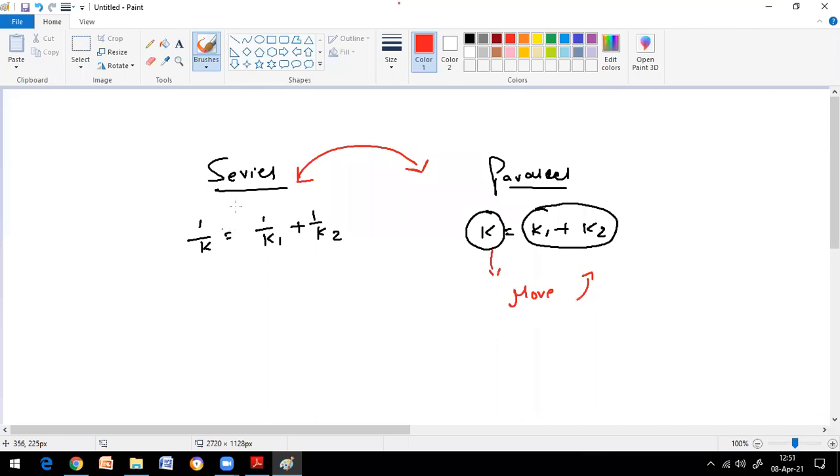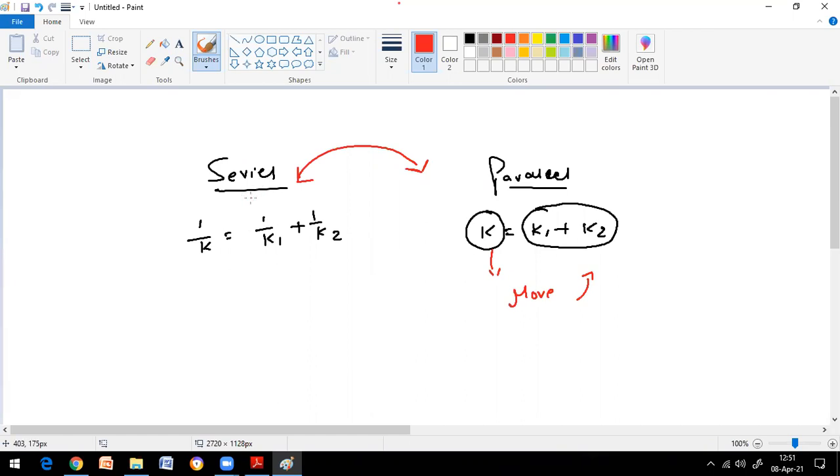But when will you prefer springs connected in series? For which kind of applications?